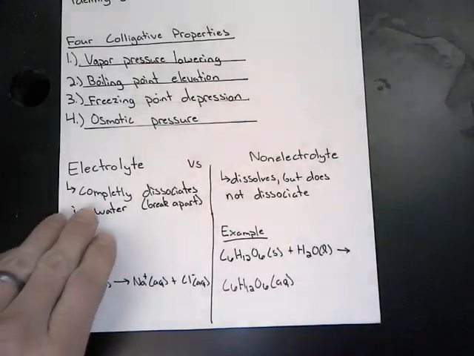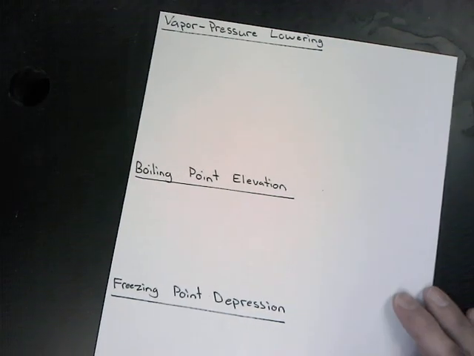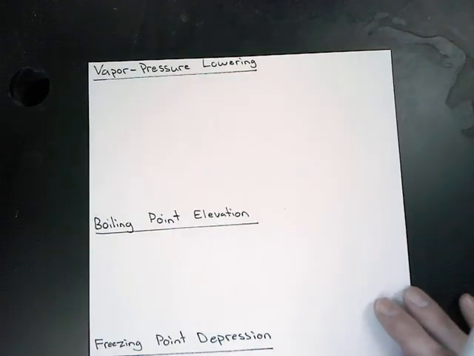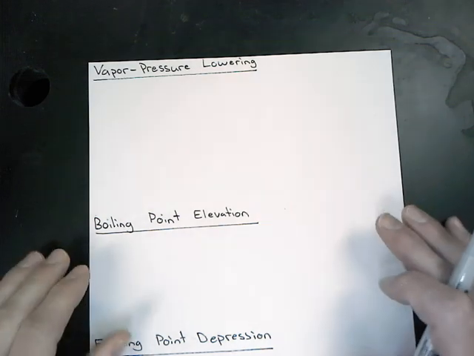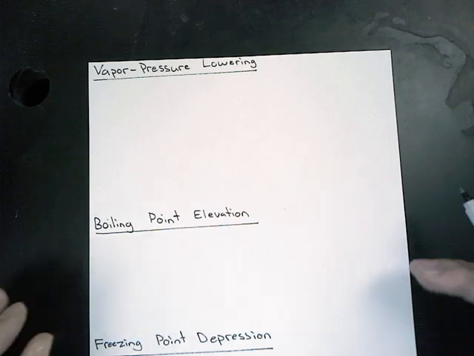So moving on, what we are going to talk about is the four colligative properties. So vapor pressure lowering. The definition is exactly how it sounds.